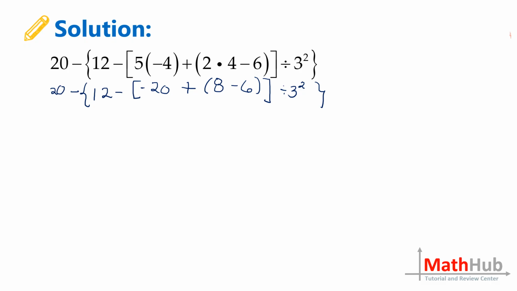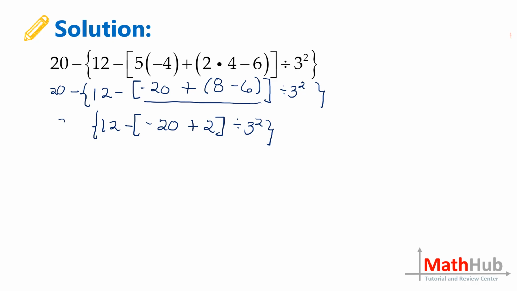Alright, what's next? So inside this bracket, so I have -20 plus 2, right? 12 minus, and then I have -18.